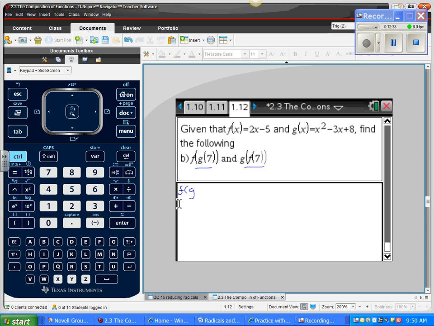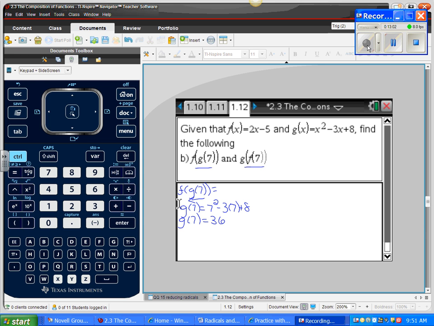F of g of 7 means, again, we're working from right to left. So the first thing we're going to do is find g of 7. And all that is substitution. You guys know very well how to do this. And we get a value of 49 minus 21 plus 8, which gives us 36.